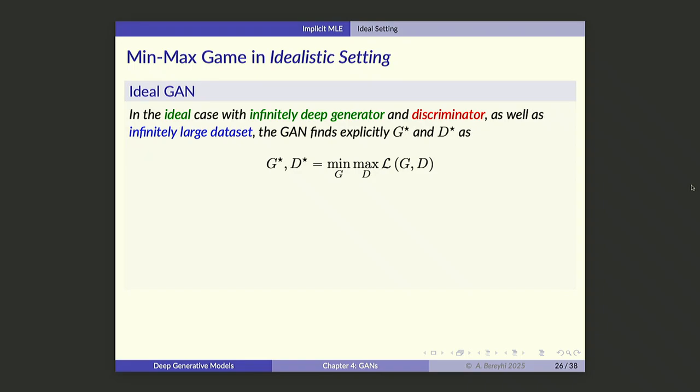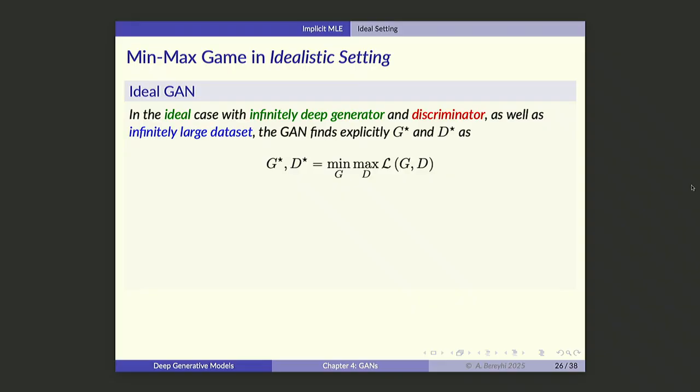It means that I first look in the domain of all possible discriminators, and I find the one which is maximizing this likelihood. Once I found that, I put D star here, and then I'm only left with G. Then I try to find the G which minimizes that maximized likelihood. This is the min-max problem.